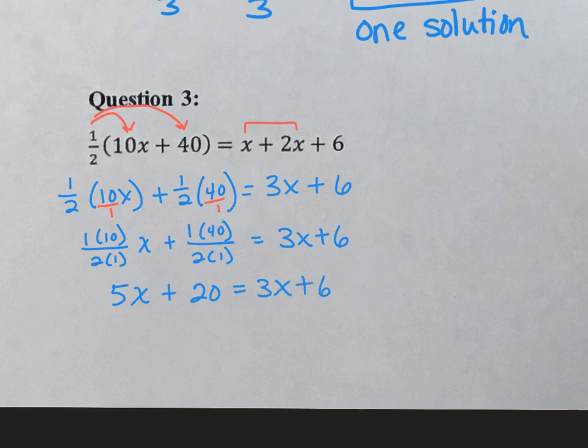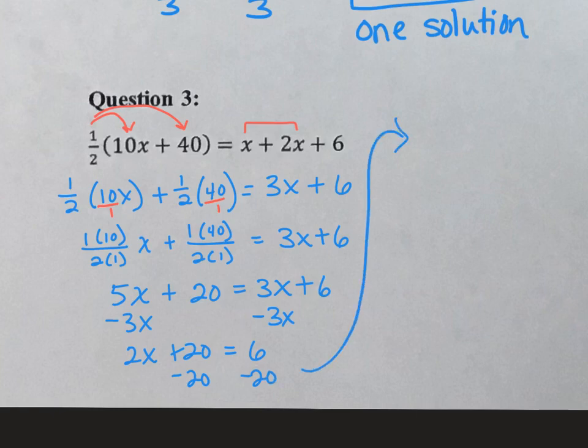Okay, so now I've got the variables on both sides. I want to put my variables on the same side by getting rid of my smallest x first. So that's minus 3x. I'm left with 2x plus 20 equals 6. Move my constants to one side, minus 20, minus 20.